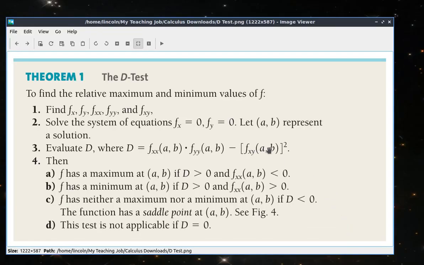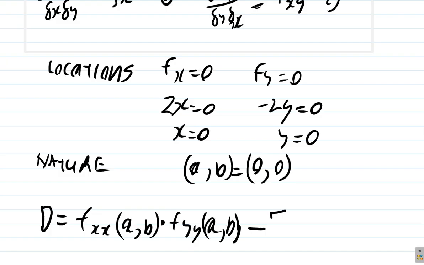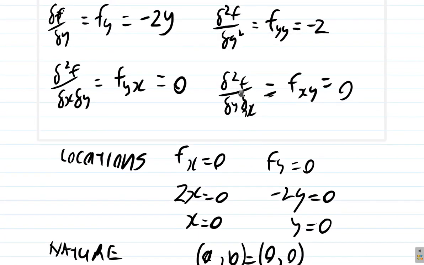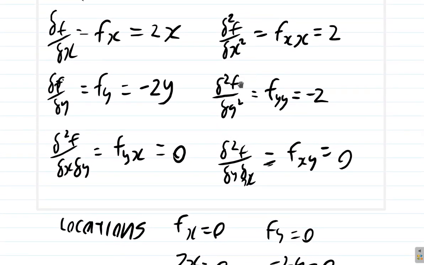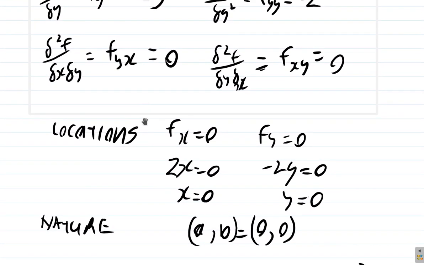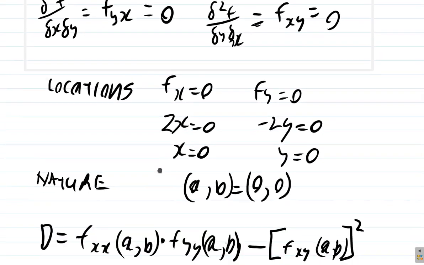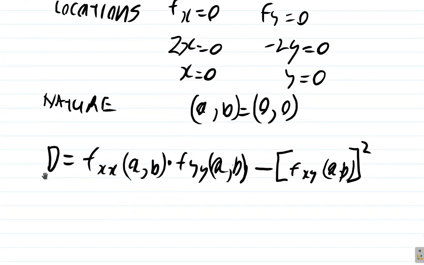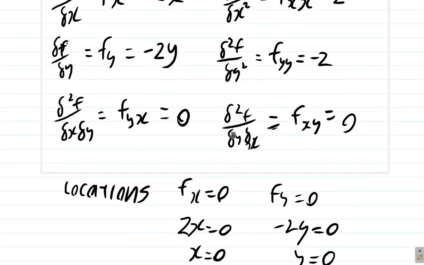Minus fxy(a, b), and that's squared. So what we have is D equals fxx(a, b), fxx was 0, right?